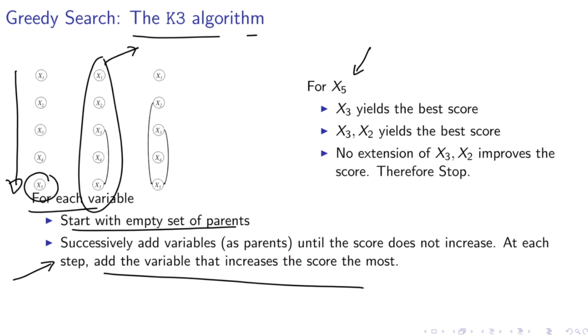Let's say it turns out that x2 increases the score the most. So if you have x2 as a parent of x5, then the score is increased by the maximum amount. Then I'll add x2 as a parent of x5. So now x5 has two parents, x2 and x3.